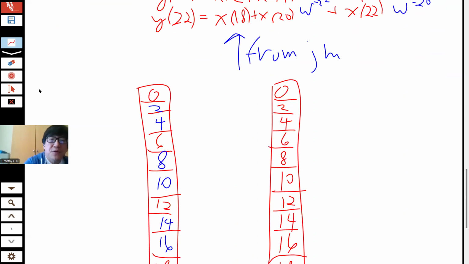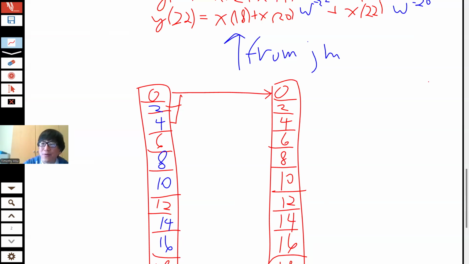So zero comes from 0, 2, and 4. Oh, we have zillions of colors here, so this will be good. That first bit of circuit says the inputs 0, 2, and 4 go to the output 0.